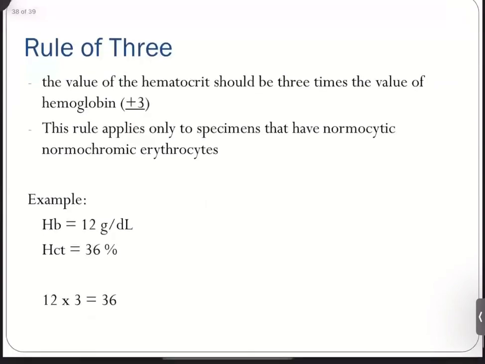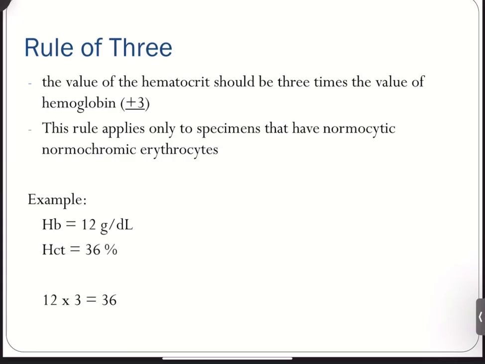Okay, in using the CBC, we do have the rule of three. What is the rule of three? The value of hematocrit should be 3 times the value of hemoglobin, plus or minus 3. This rule applies only if the specimen has normochromic and normocytic erythrocytes.